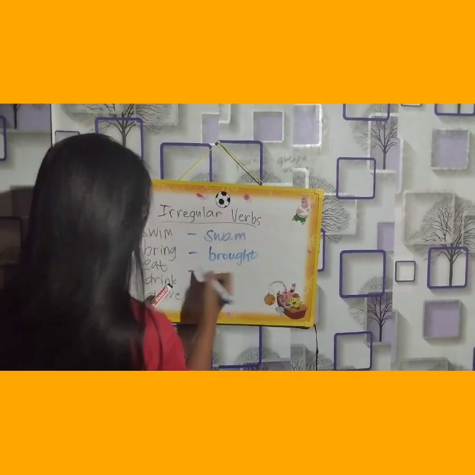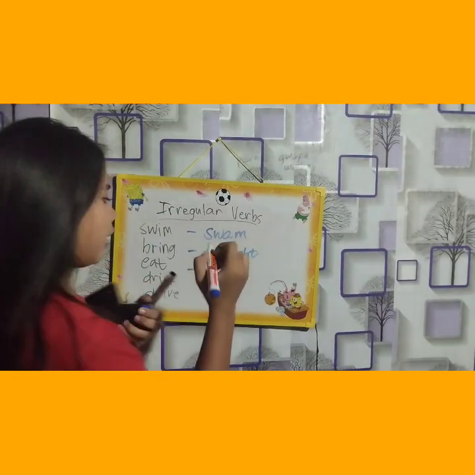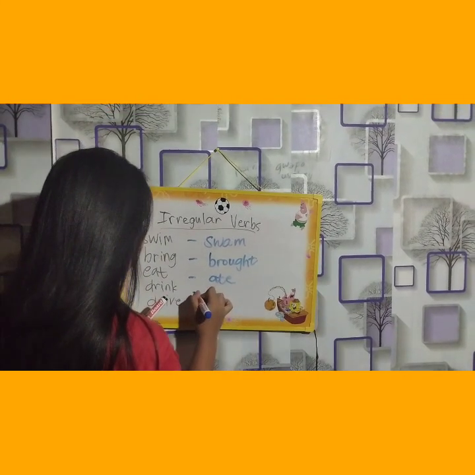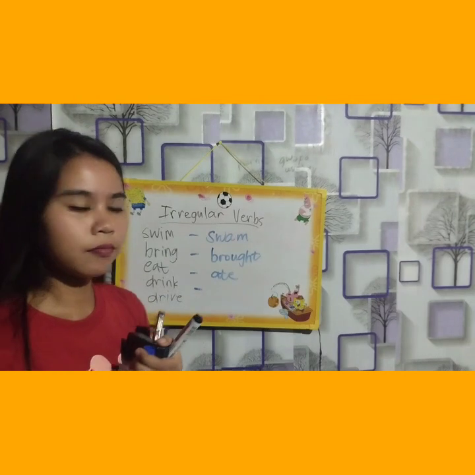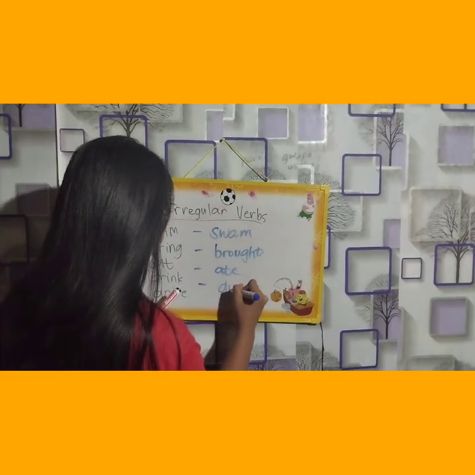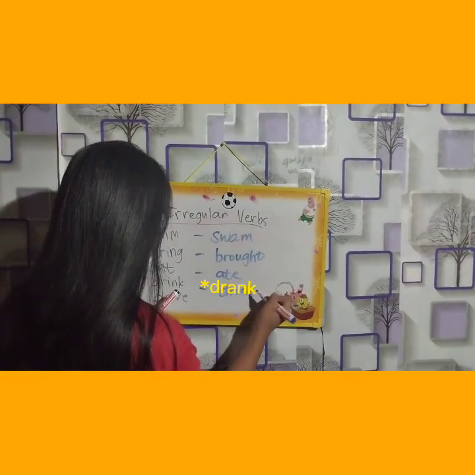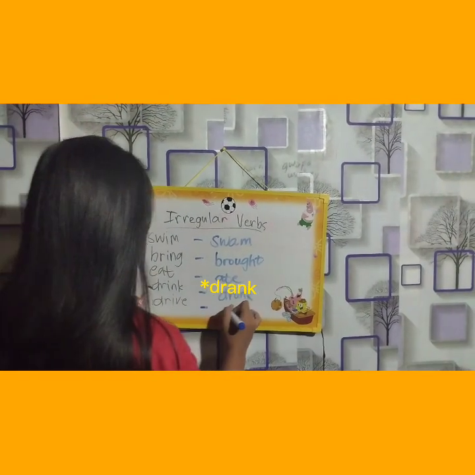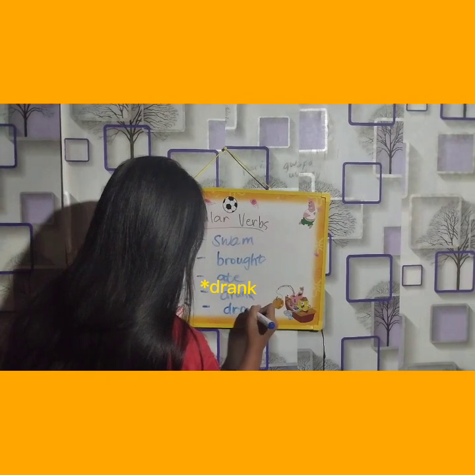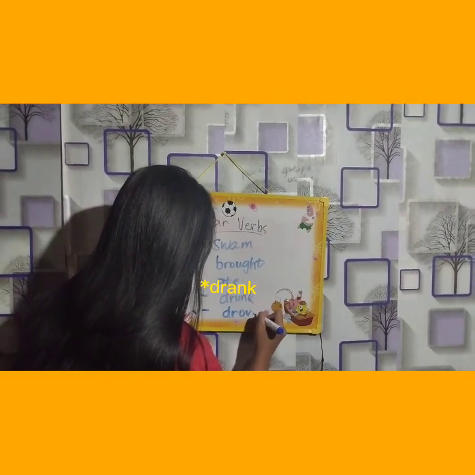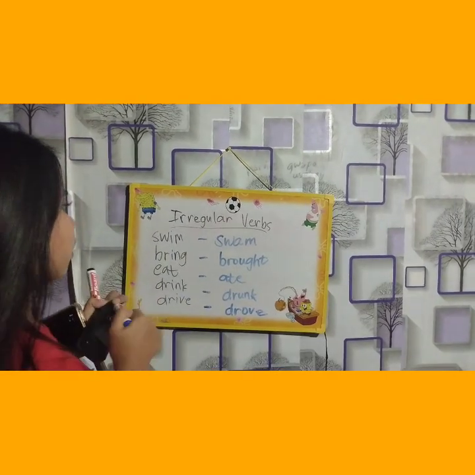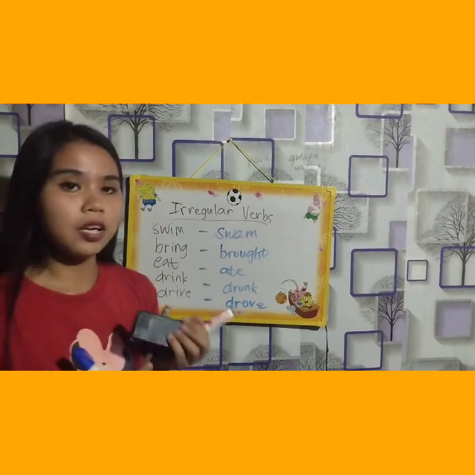This one, ate. For this one, drunk. For the last one, we have drove. So, again, these are all irregular verbs.